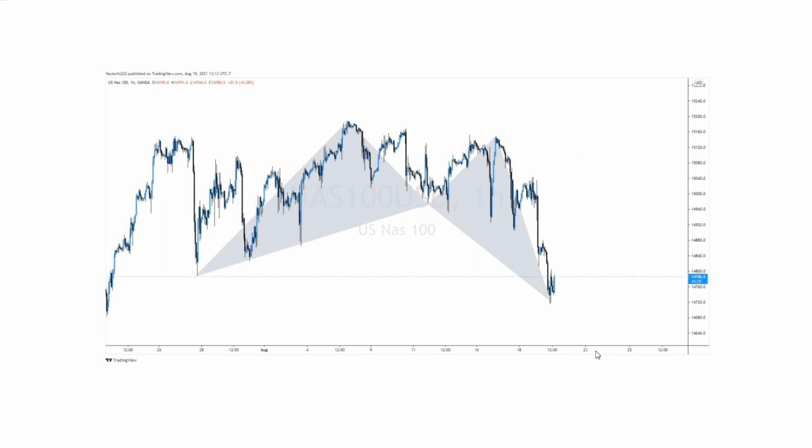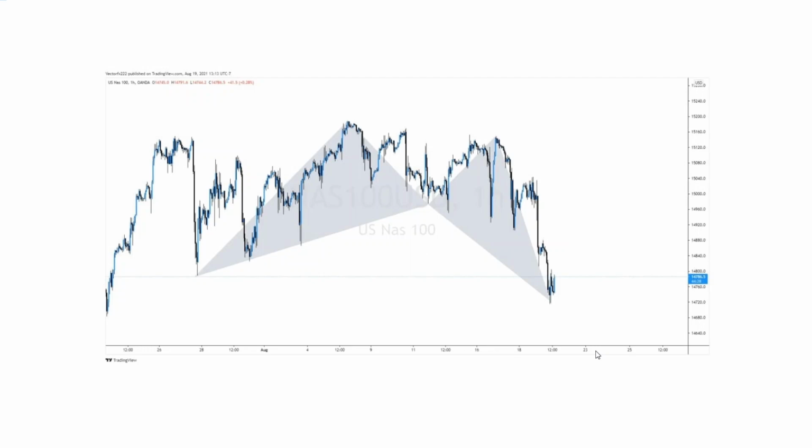Yes, this was my favorite trade. NAS 100, US 100, or USTEC, depending on how various brokers or platforms decide to call it. On NAS 100, initially on 1 hour time frame, we saw an alt bat harmonic pattern again.